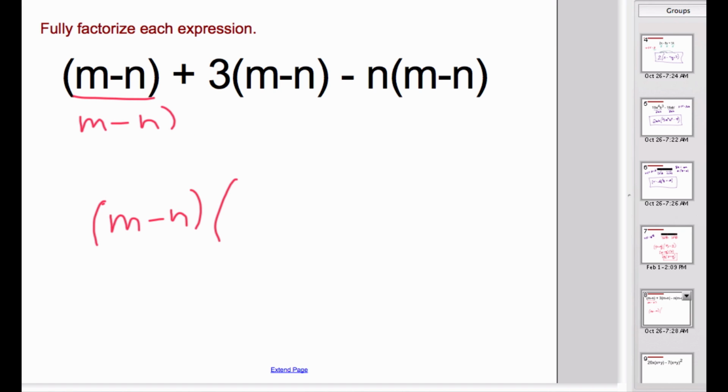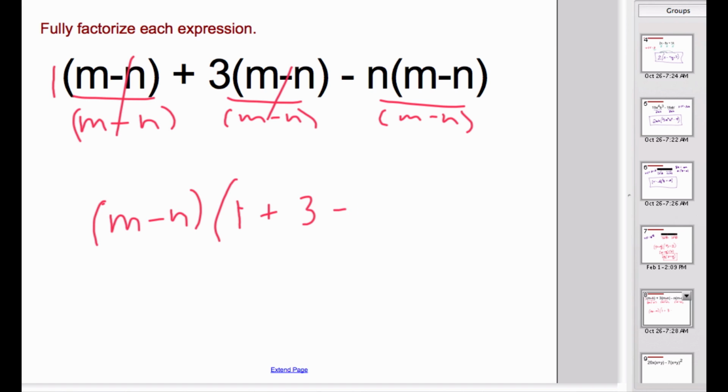The biggest common mistake that we see here is that we forget that this is a coefficient of 1. Any amount divided by itself equals 1. And then here we have plus 3 and then these cancel and we have minus n for the last one.